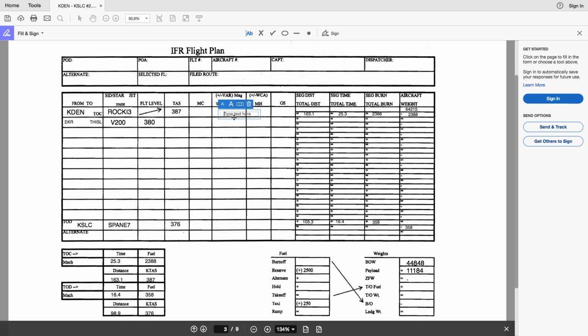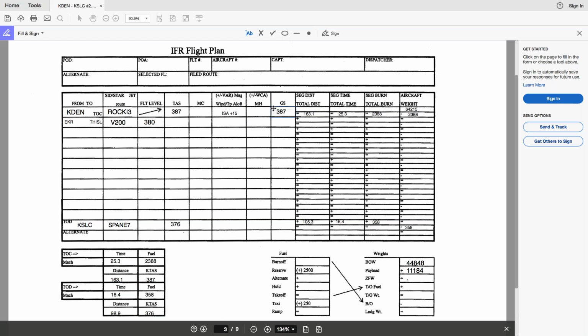So we use the ISA plus 15 chart, right? So we could put that in there. That's not going to hurt anything. But we don't use winds. Like our winds aren't going to affect us on our climb or descent, right? So that being said, our ground speed will match our true airspeed here, 387.